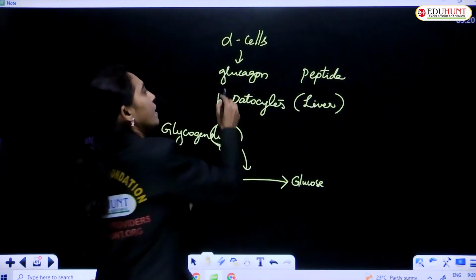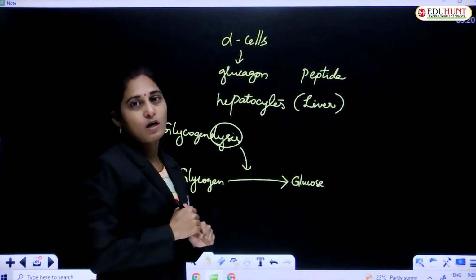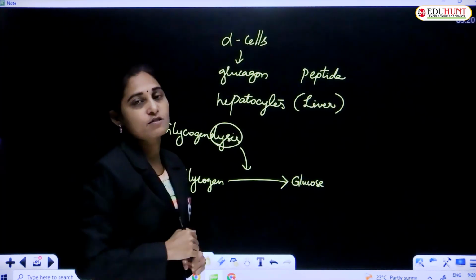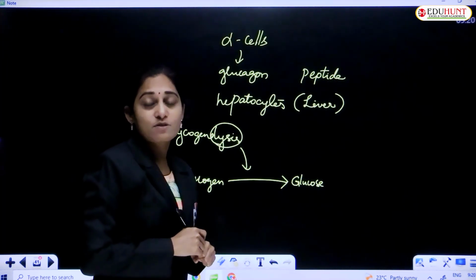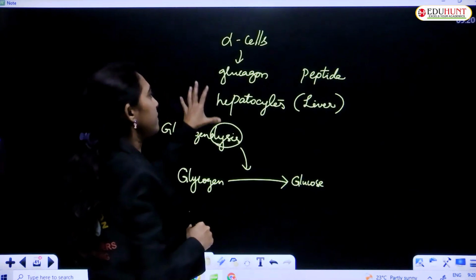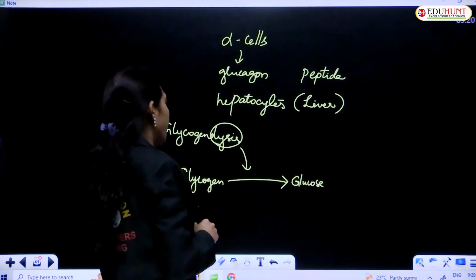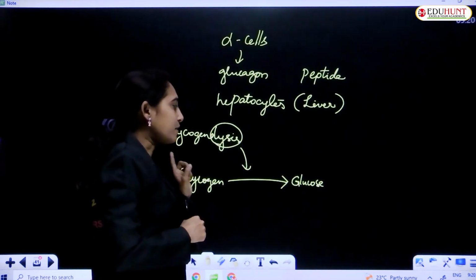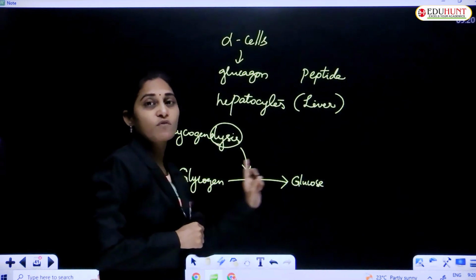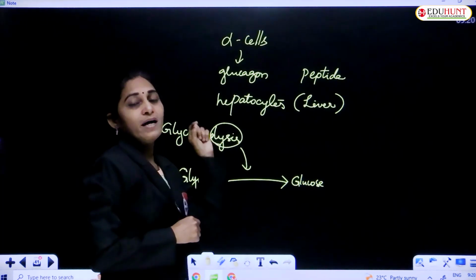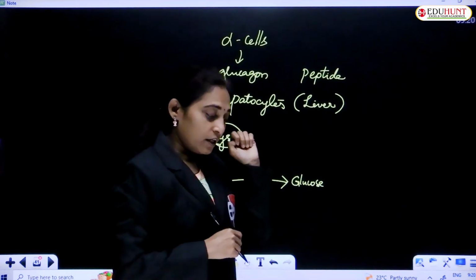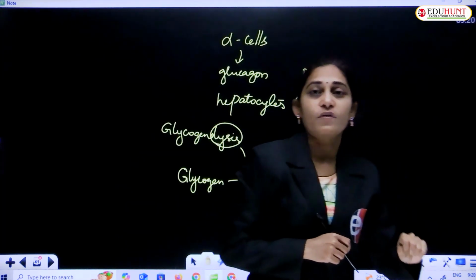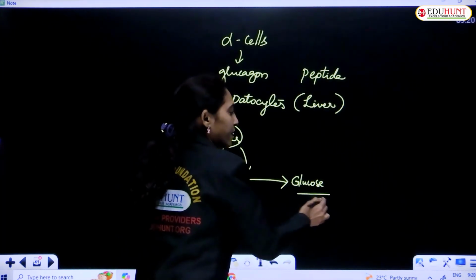This happens with the help of glucagon, secreted by alpha cells of the islets of Langerhans. This hormone causes breakdown of glycogen in the liver cells and is responsible for the release of glucose, and also it reduces the utilization of glucose in the cells.